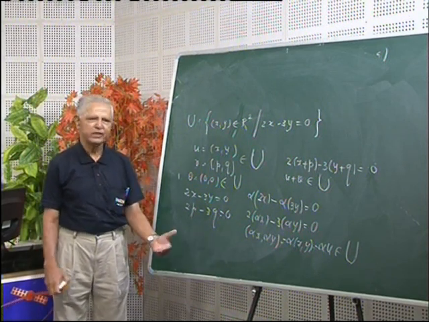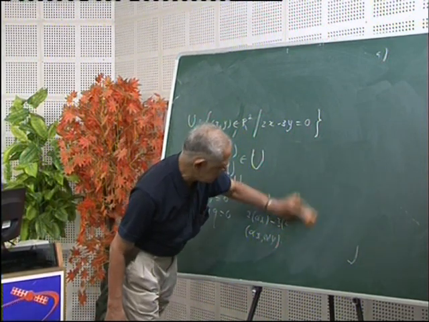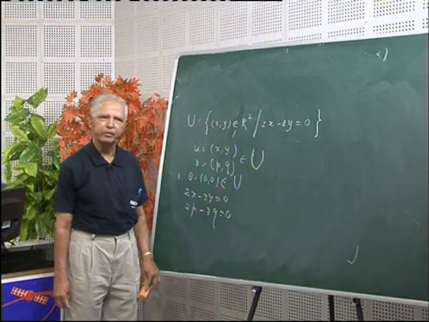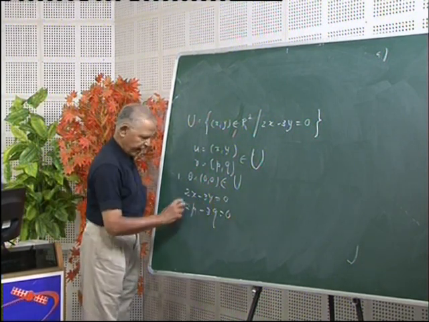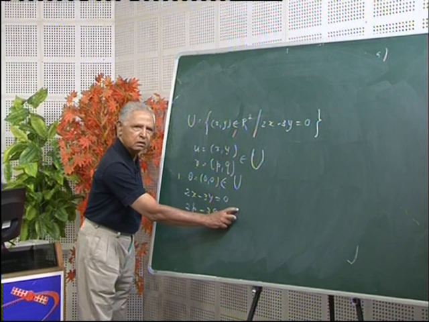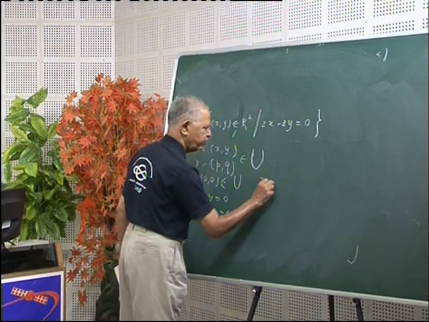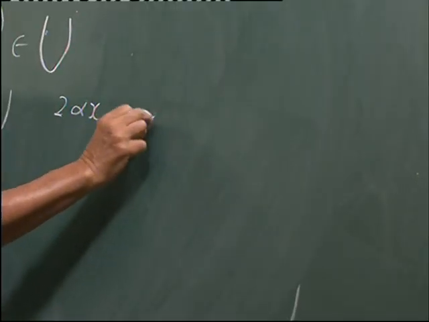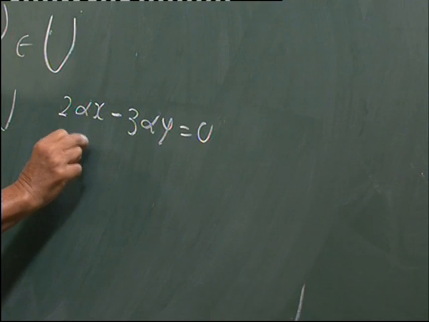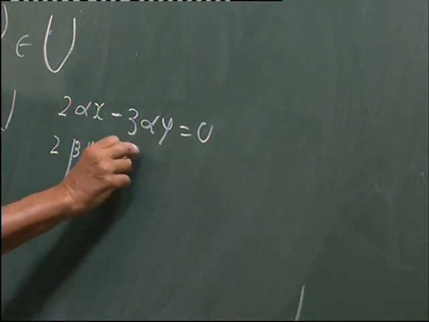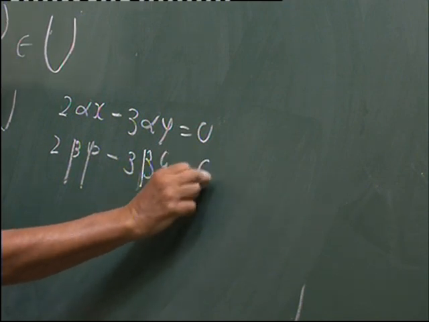One of the easiest ways is this, and that is what we have developed in the third theorem: we multiply this equation by alpha and this equation by beta. What we get? We get 2 alpha x minus 3 alpha y equal to 0, 2 beta p minus 3 beta q equal to 0.